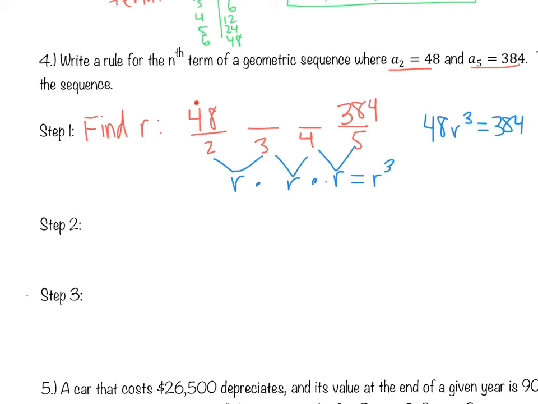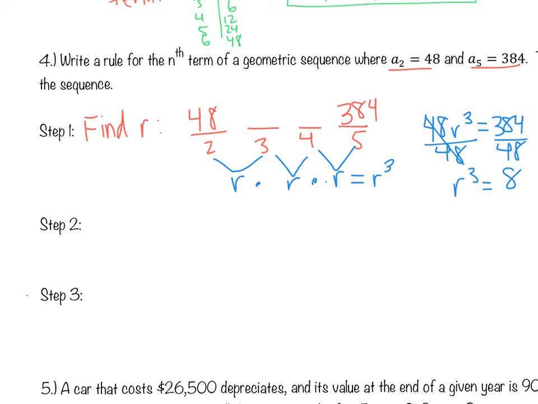So 48 will be multiplied by r to the third to get 384. And then we just solve. So we're going to divide by the 48. So we get r to the third equals 384 divided by 48 is 8.